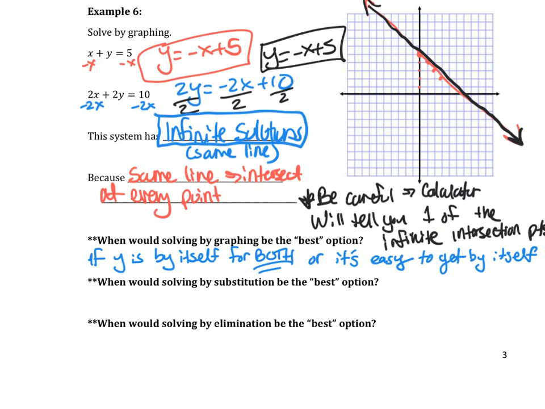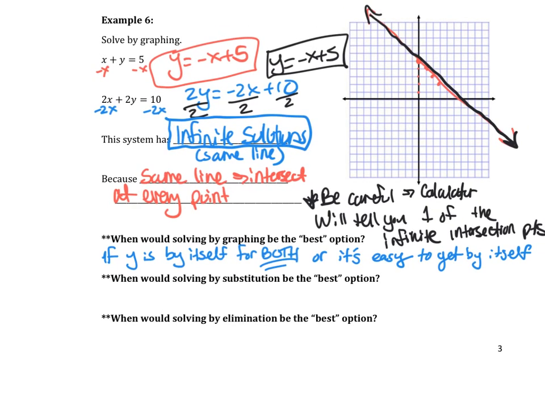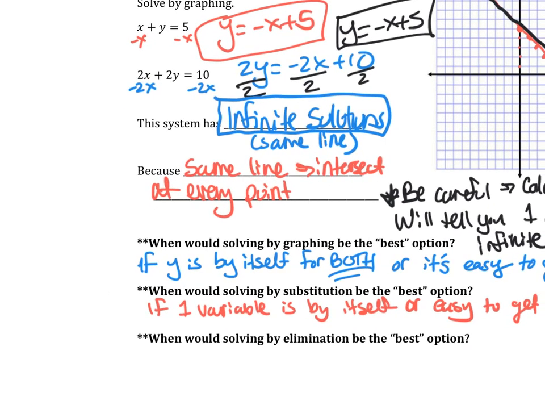Substitution is the best if one variable, either x or y, is already by itself, or if it's easy to get that variable by itself. So here, I'll just do some examples. So for graphing, if it looked something like this. Like here, this one, y is already by itself. This one, you would just have to add the 3x over, and then y is by itself. So that's a pretty easy one to do by graphing.